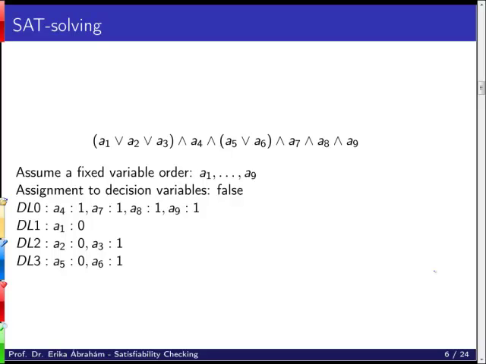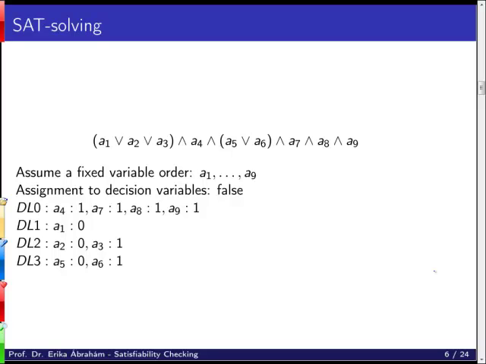So what happens? First, at decision level 0, those literals will be assigned which must be true because they are one-literal clauses. So it is 4, 7, 8, 9. They are here. Then I propagate. They do not propagate anything because in the other clauses they do not appear.